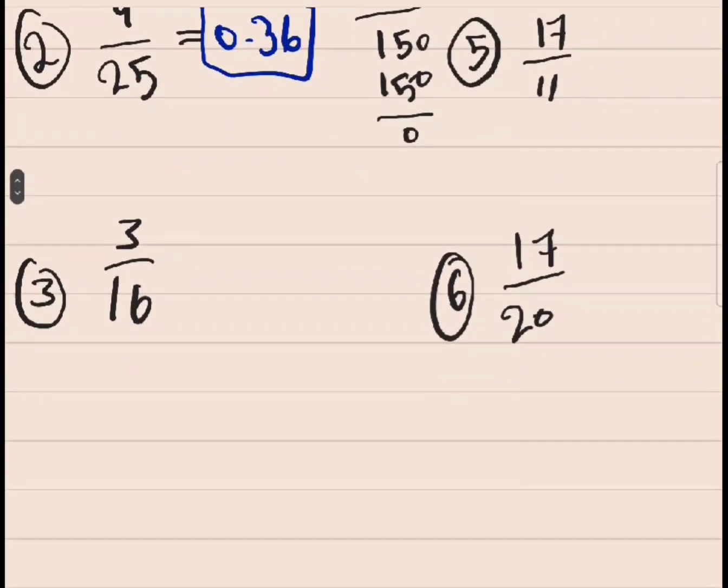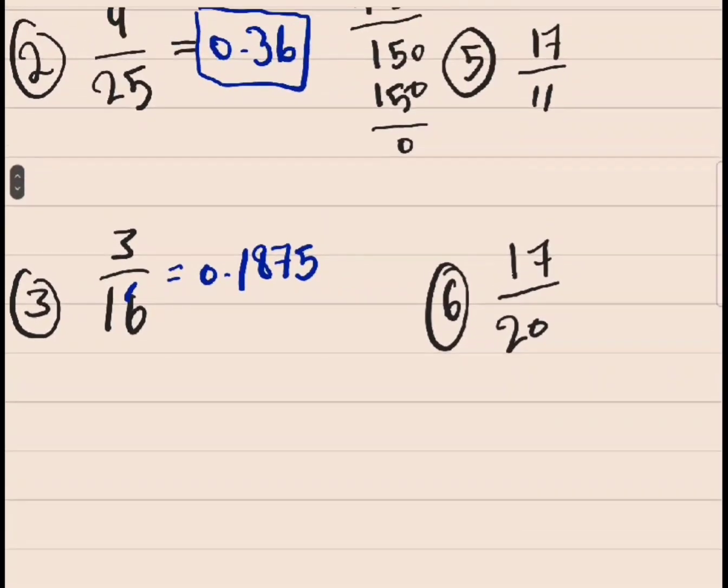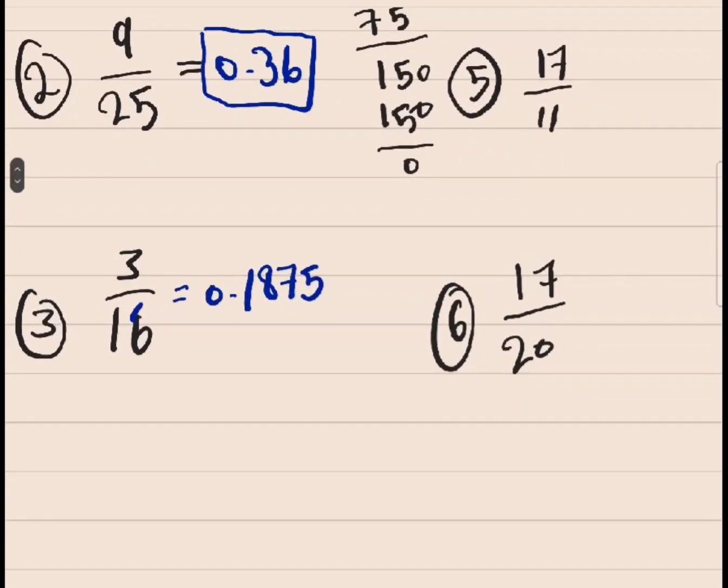Let's take a look at number 3. Now number 3, if we were to plug in 3 divided by 16 into a calculator, we would get the following decimal. And it goes to the 10,000ths. So it's typical to either round a decimal to the thousandths or hundredths. So we're going to round to the thousandths in this video.